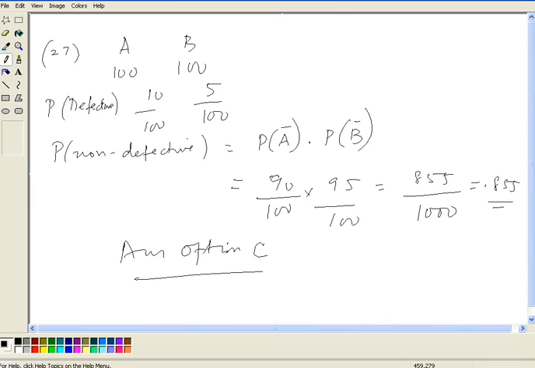To be non-defective, the probability from the A set would be 90 by 100, and since they are independent, if we select one non-defective item from set B, it will be 95 by 100. So the probability of selecting a non-defective item from the first set and the second set would be 855 by 1000, which is 0.855.